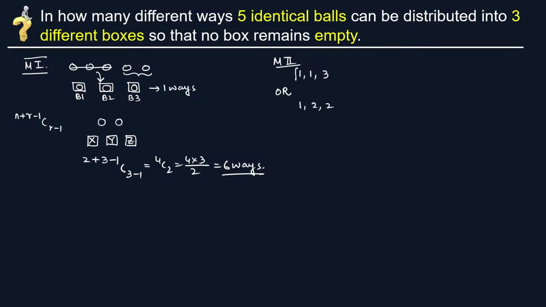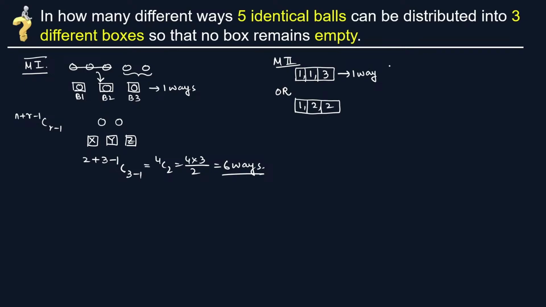We are making 3 groups containing 1 ball, 1 ball and 3 balls, or we are making another set of 3 groups which will have 1 ball, 2 balls and 2 balls. Now, the question is 1, 1, 3. This division into groups can be done in only one way, as I told you, because the balls are identical. Now, in how many different ways can these 3 groups be distributed among 3 different boxes?